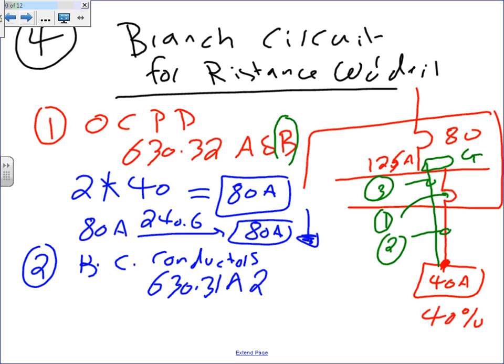Okay, so this one, we multiplied by 2, and I'm going to tell you why I multiplied by 2, because of the conductor size. The same principle for conductor size, guys.